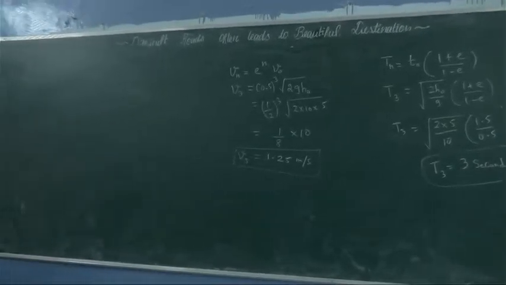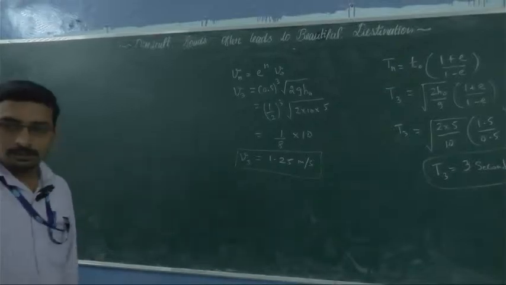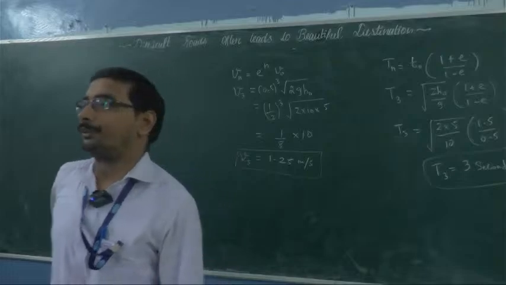Find the velocity ratio of two balls after collision as shown in the figure, in terms of coefficient of restitution.